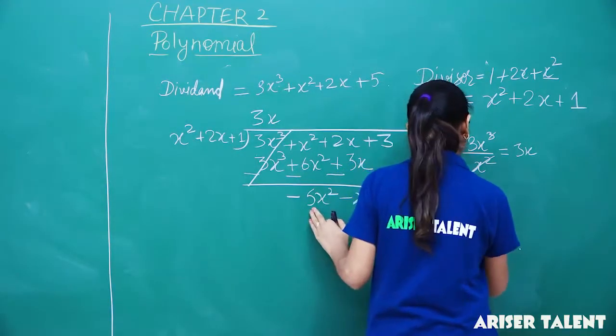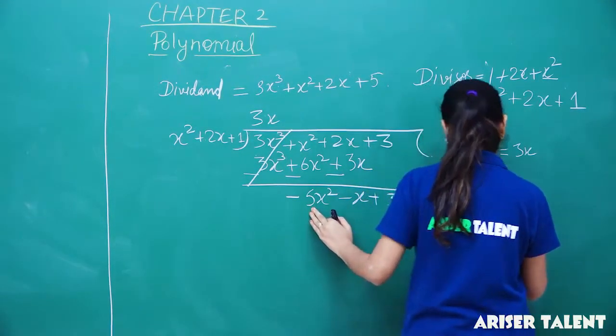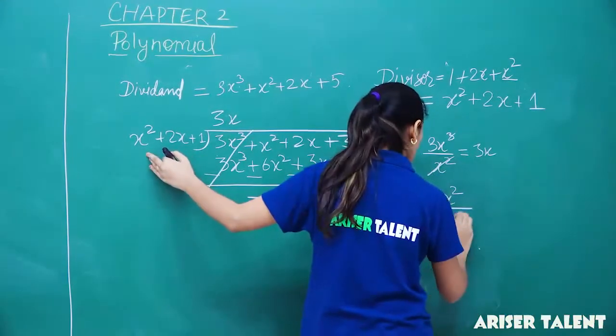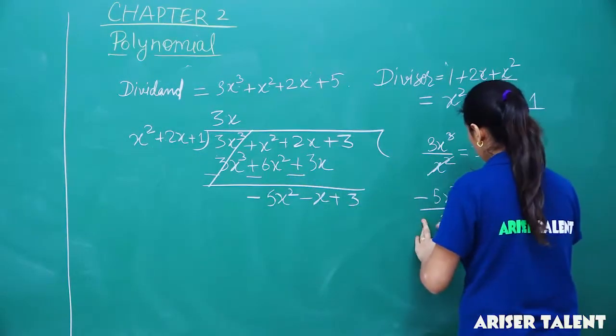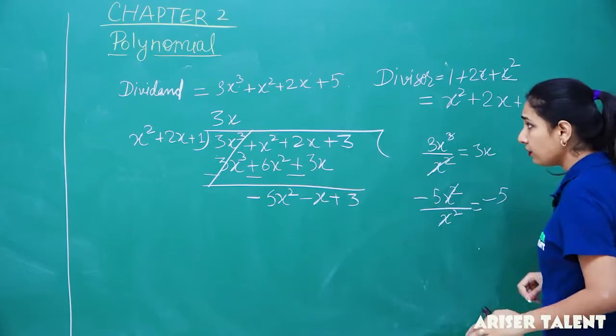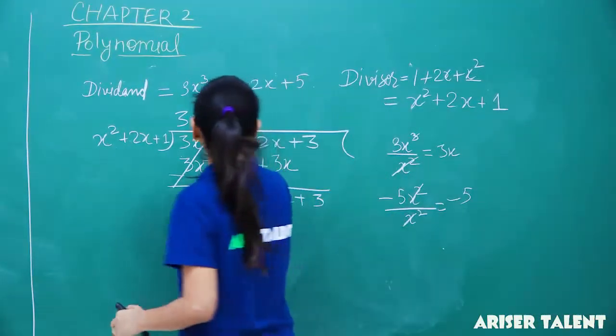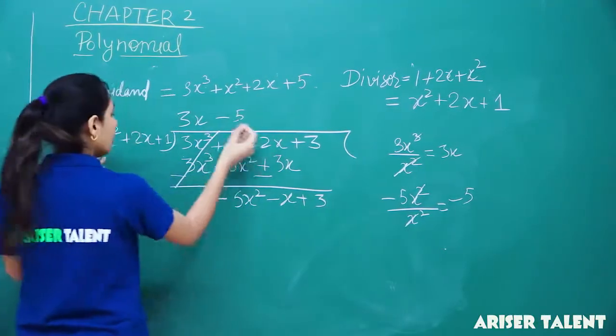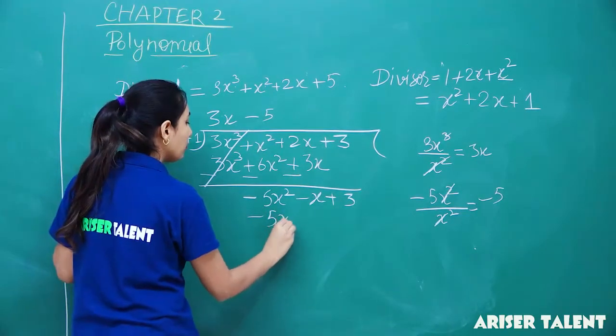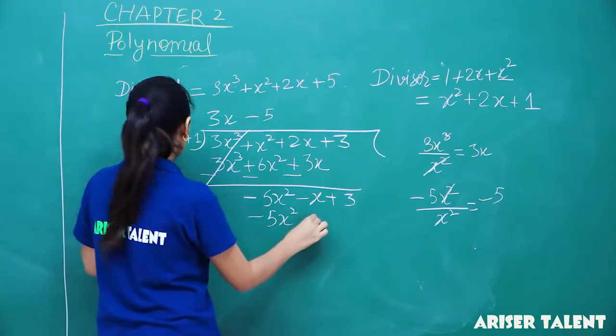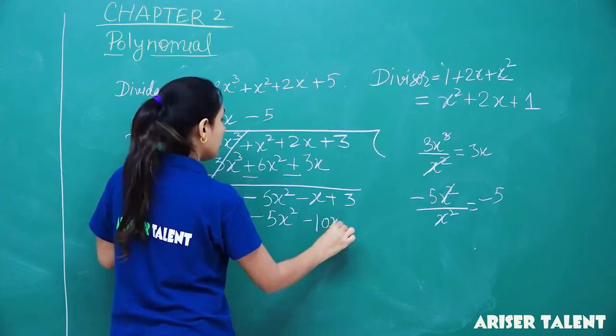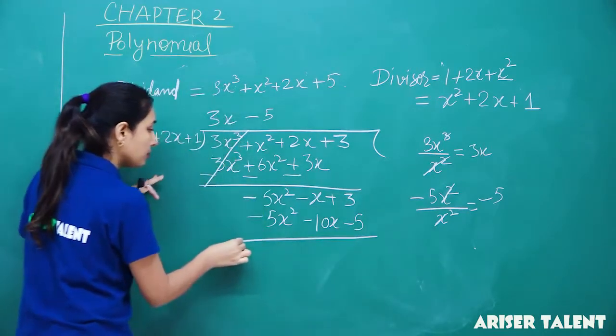Now minus 5x square is the highest here and x square will be remaining highest there. So that will be your minus 5. Okay, so it will be minus 5. Now minus 5x square, then minus 10x, minus 5. Okay students, then this.